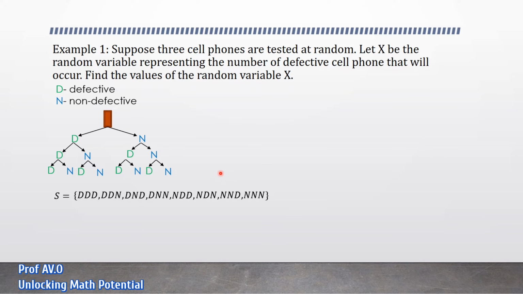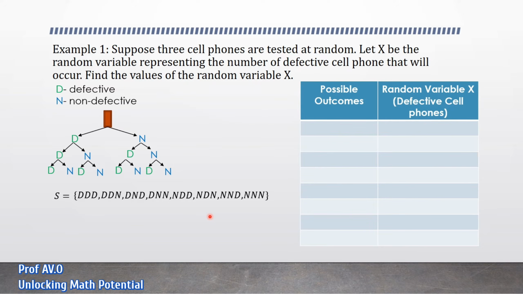Okay, so from our sample space, how many values do we have? A total of 8 outcomes. So from here, we can now create a table. On the first column, we have the possible outcomes, or the sample space that we got from the experiment.